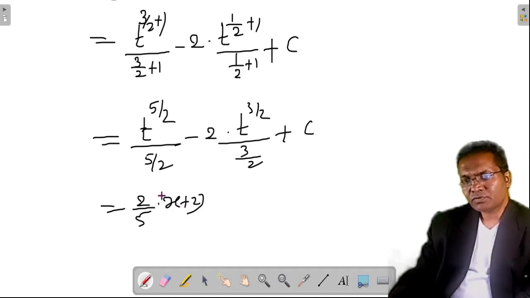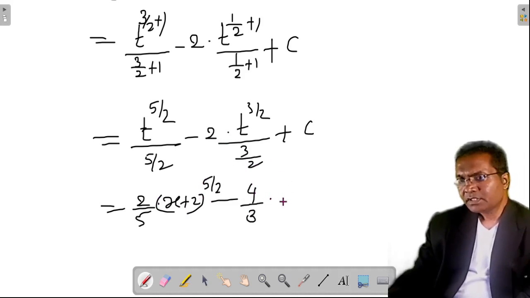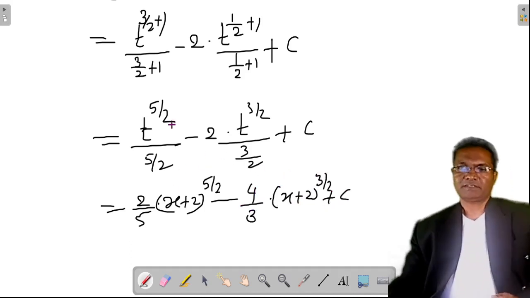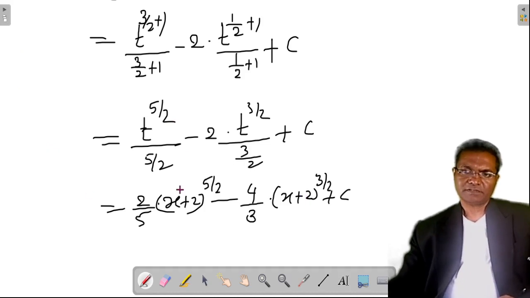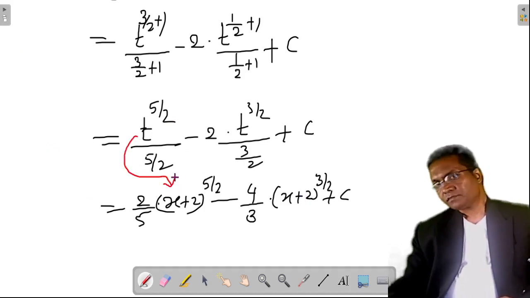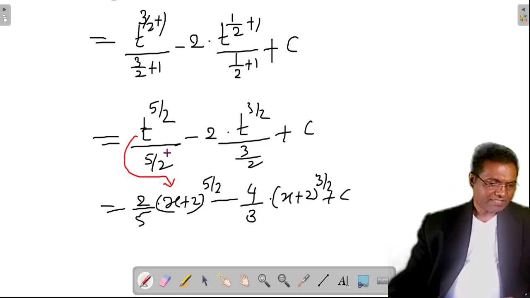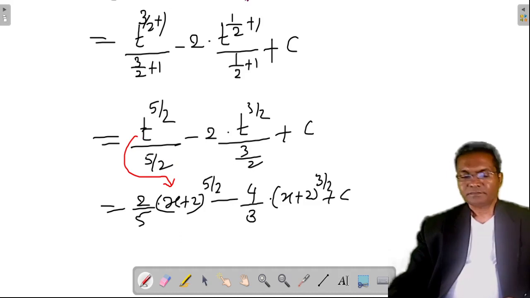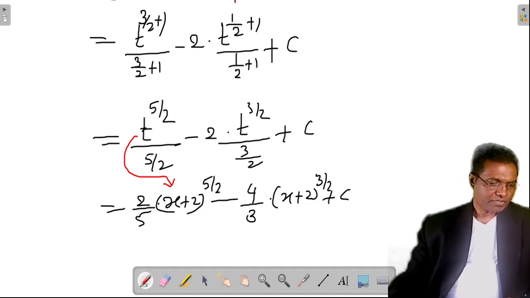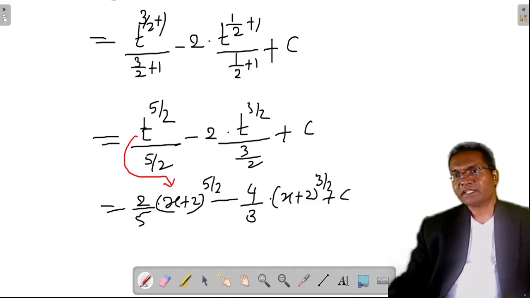So x plus 2 power 5 by 2 minus 2 into 2, 4, it becomes 4 by 3, t means x plus 2 power 3 by 2, plus c. Because your t is x plus 2. Let's have another example. I want to finish 10 examples of this exercise.